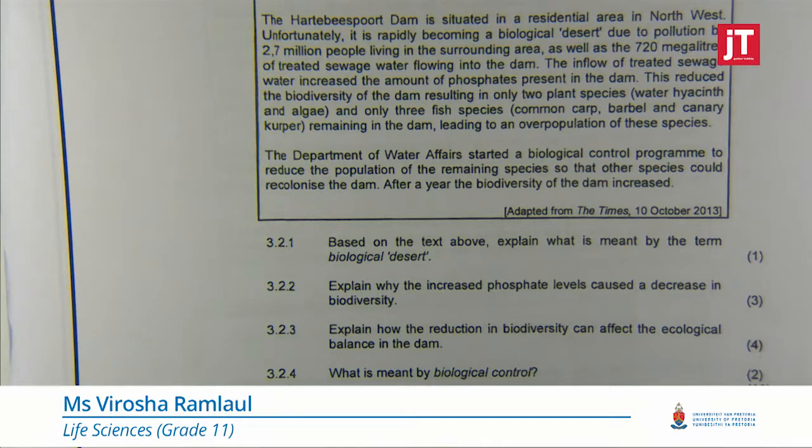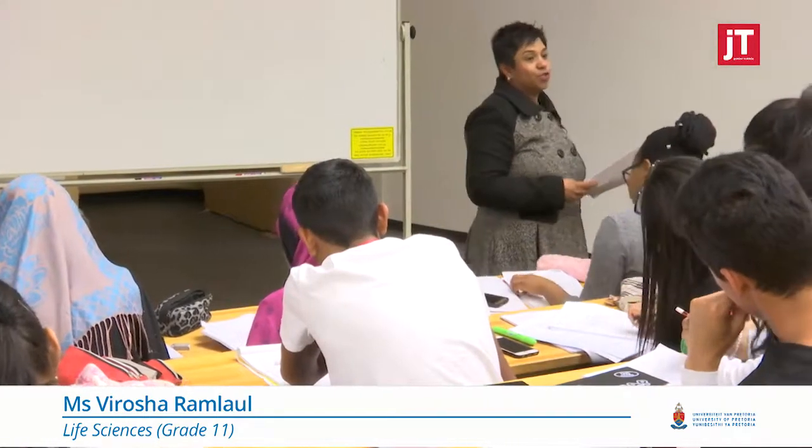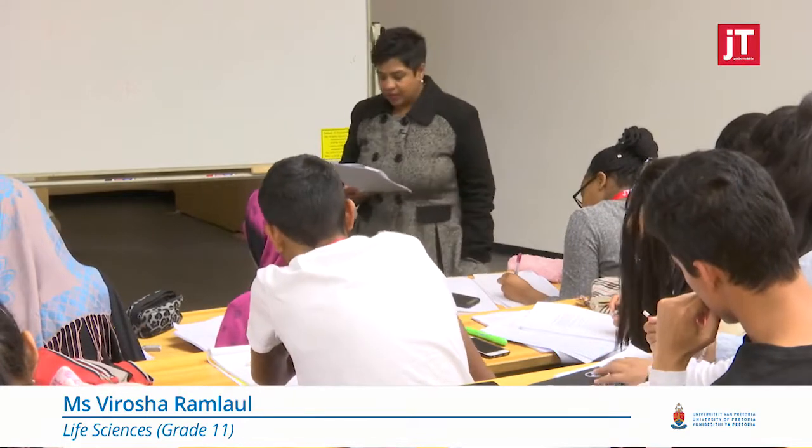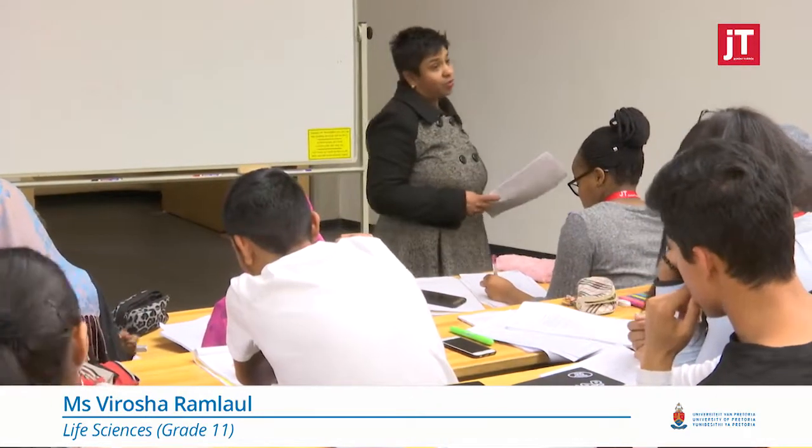So, remember my beautiful picture I drew on the board yesterday with the plants and my infinity sign? The stepwise picture, I hope so. 3.2.3: Explain how the reduction in biodiversity can affect the ecological balance in the dam. This is actually grade 10 work, when you did ecosystems, food chains, trophic levels, and I'm noticing from this year, 2015, they're asking a lot about it.